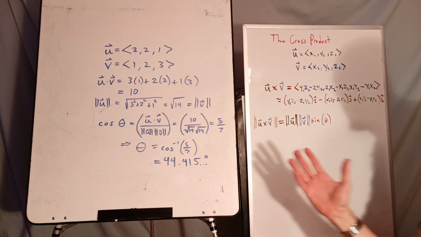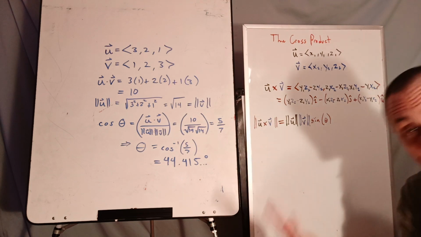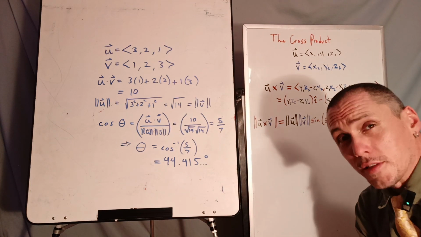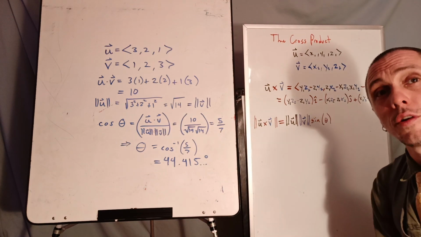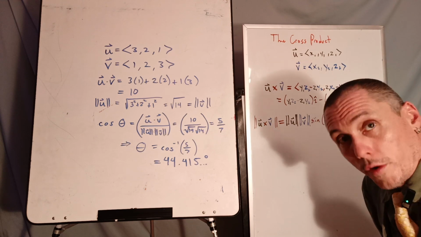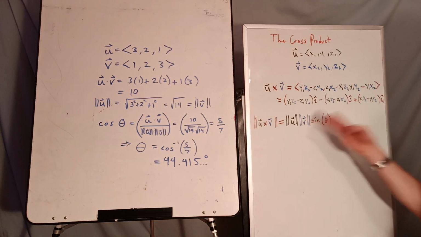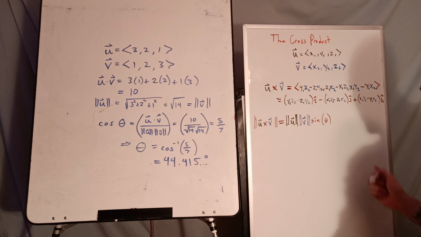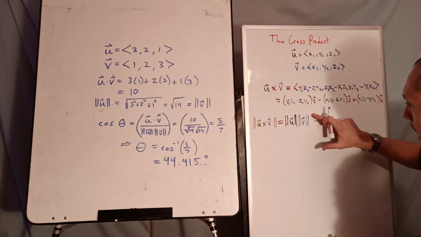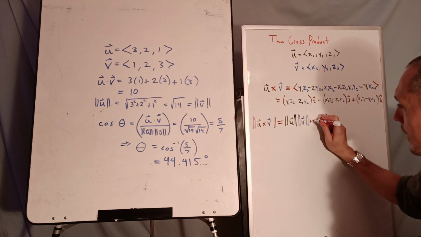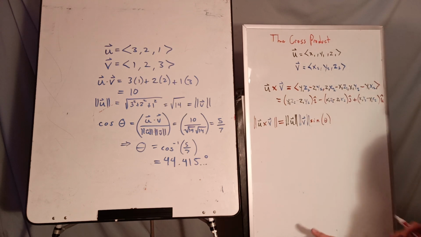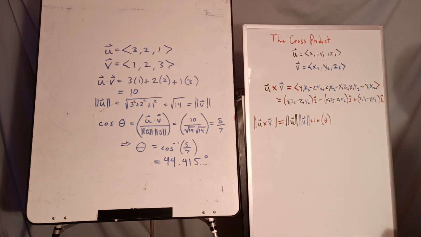But this is the magnitude of that vector. You need two things to know what a vector is entirely. You need to know its magnitude, and you need to know its direction. Where is it pointed? And here we have half of that. We have the magnitude of the cross product, and it's given by sine of the angle between them times their magnitudes.